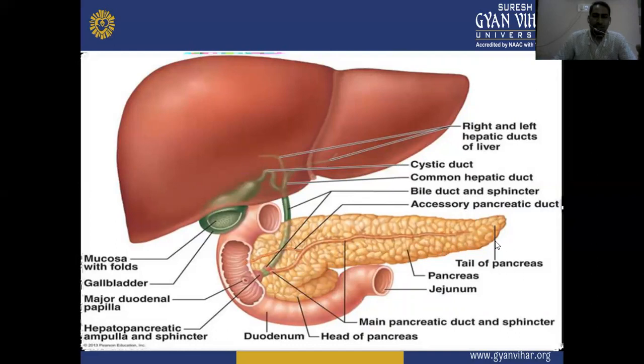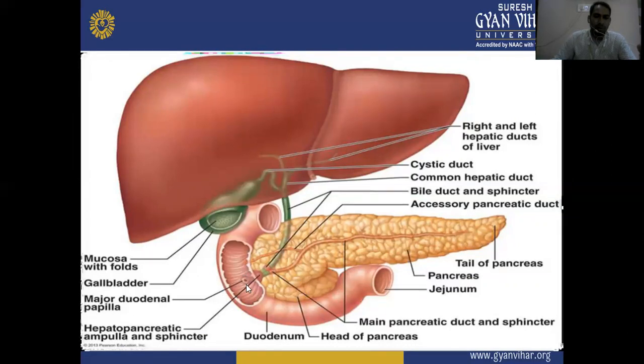And next one is the tail of pancreas, and this is the pancreas, and this part is the jejunum of the small intestine. Next one is the main pancreatic duct and sphincter, and next one is the head of pancreas, and next one is the duodenum, and this is the hepatopancreatic ampulla and sphincter, and this one is the major duodenal papilla.